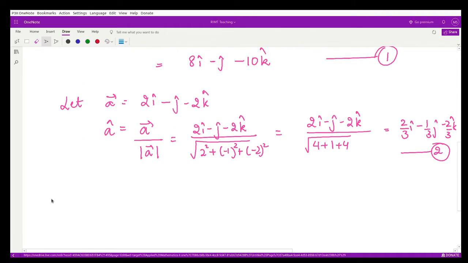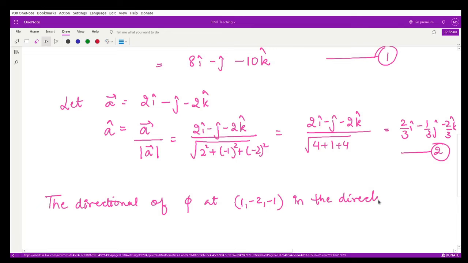Now in order to calculate the directional derivative of phi at the given point (1, -2, -1) in the direction of vector A, this is going to be equal to the gradient of phi evaluated at the point (1, -2, -1) dot product with the unit vector A cap.